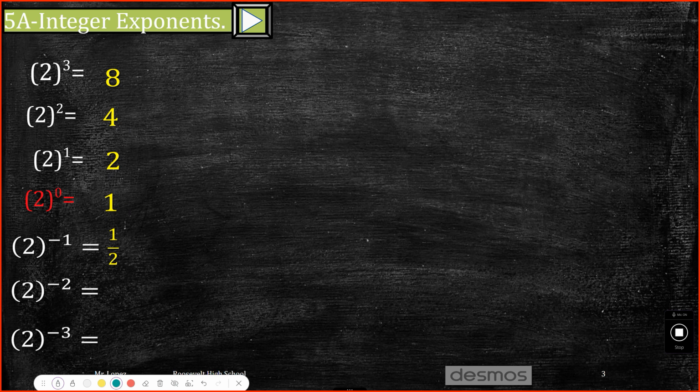David, what would be the next one then? 1/4. So look, we're dividing by 2. Would you agree that 1/2 is 50 cents? What's half of 50 cents? Would it be a quarter, like an actual quarter?